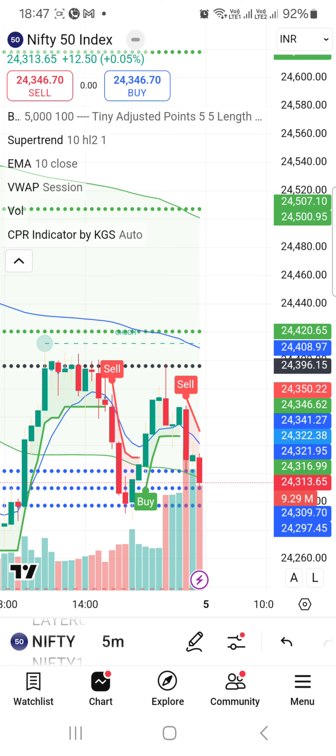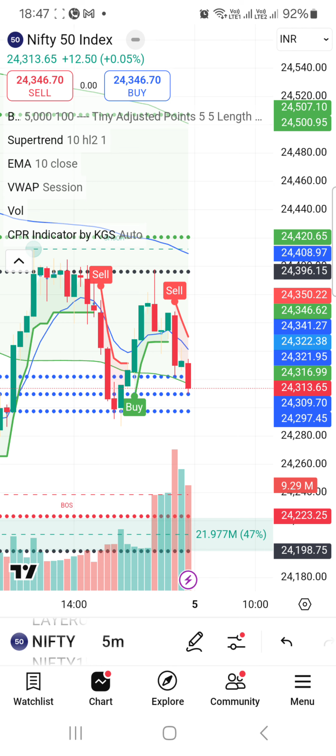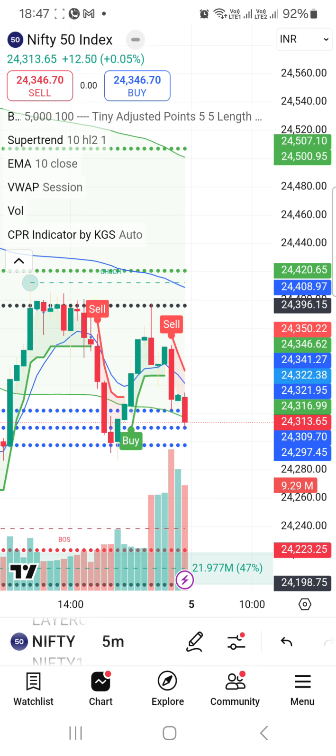Another simple indicator is volume. Volume is denoted down by red and green bars. That is a very basic thing which I feel many of you may know: more sellers or more buyers. And then the CPR indicator. The CPR indicator by KGS Auto is developed by our own Indian, Gomadi Shankar. I always use this CPR indicator for giving the pivot range.